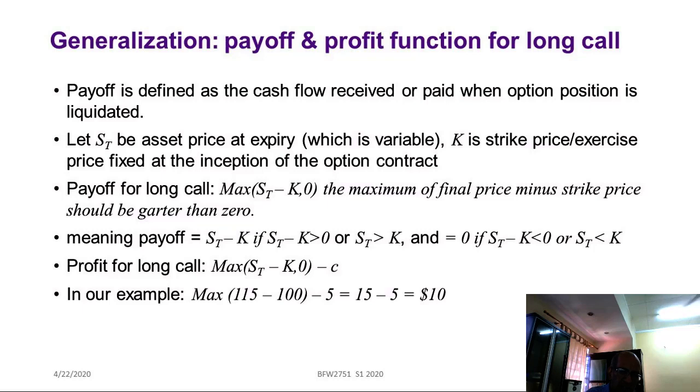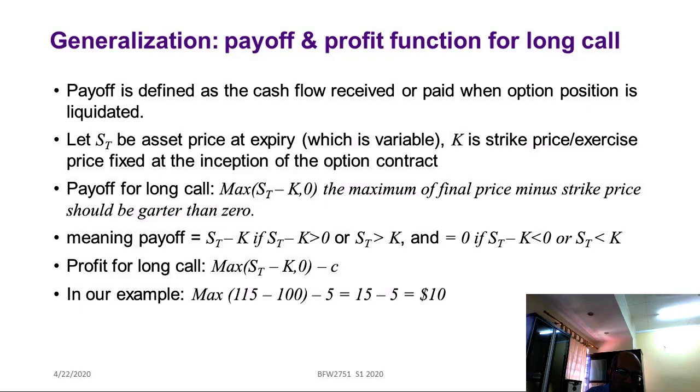The payoff is ST minus K if ST is above K, so it is exercisable. And it is 0 if ST is below K, where you won't exercise in the first place.